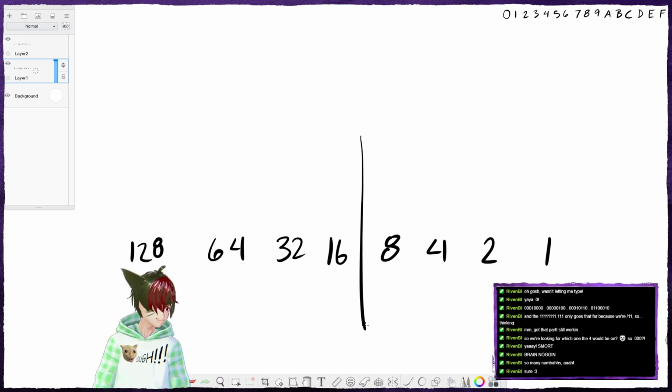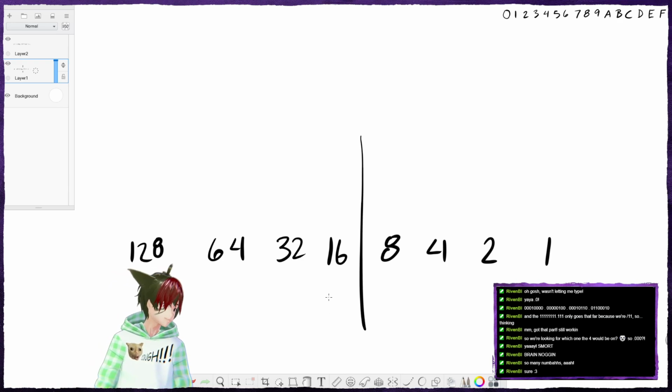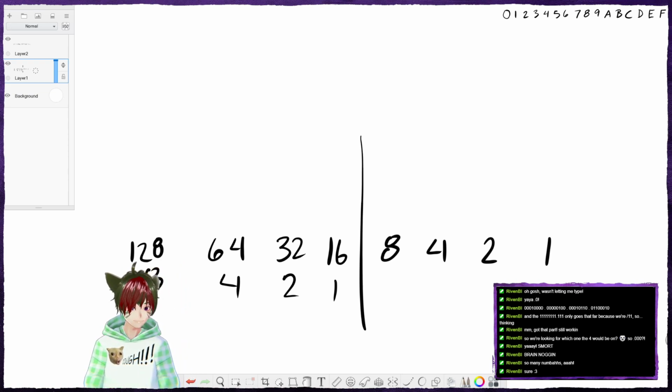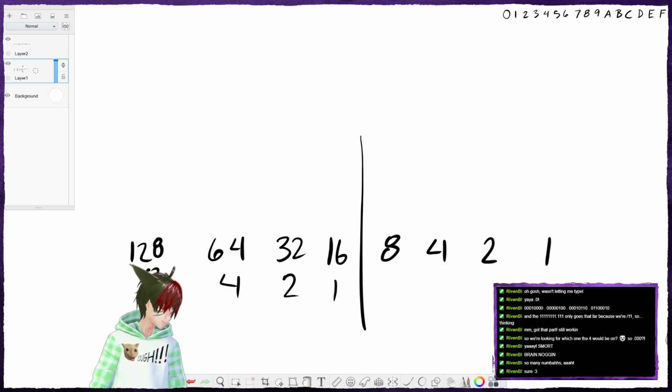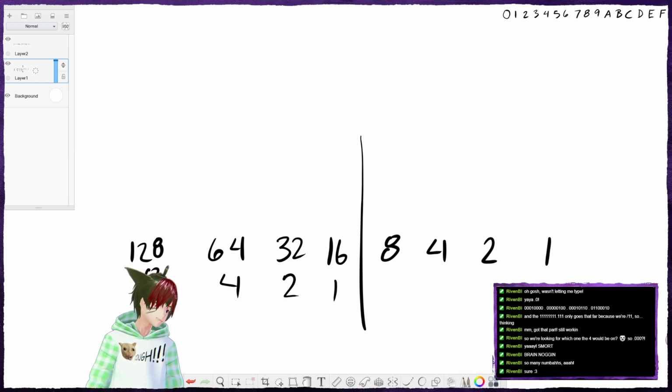Because essentially you're just splitting this in half. And then this is another 1, 2, 4, 8 of sorts. So let's say, what is 255 in binary and in hexadecimal, right?